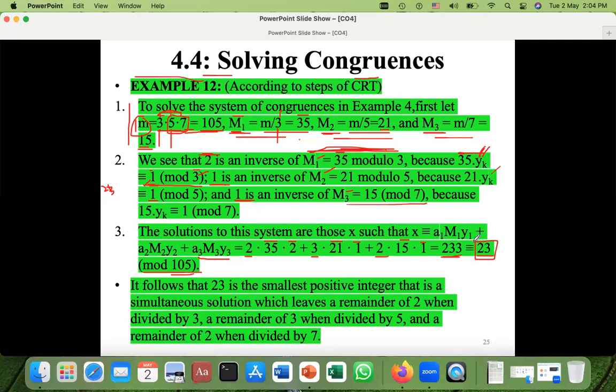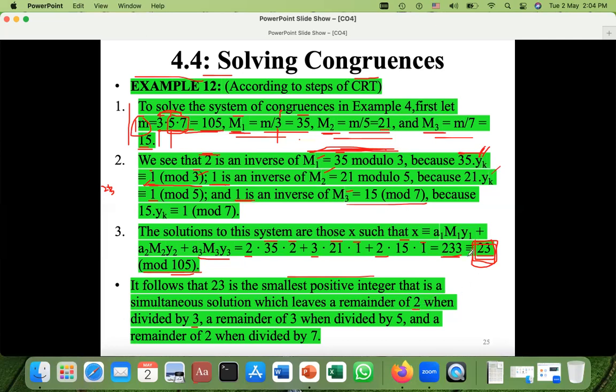Now, this 23 is the smallest positive integer. When you divide 23 with 3, you will get 2 as remainder.